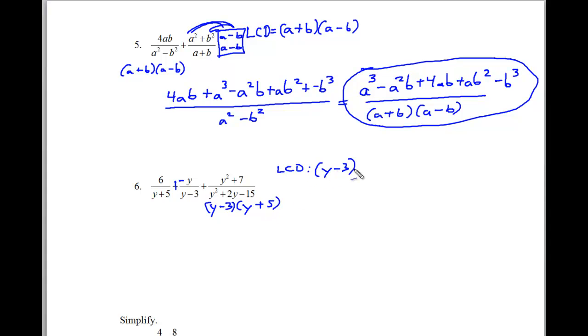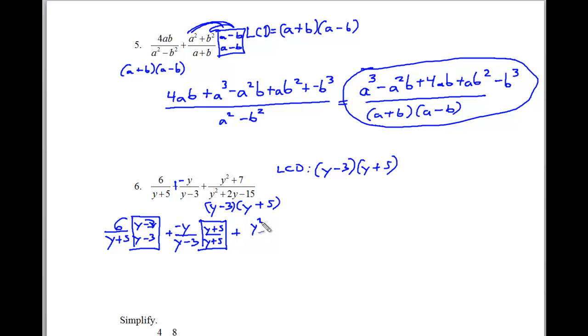So each of these two fractions are going to have to be multiplied by whatever they don't have. My 6 over y plus 5 is going to get multiplied by y minus 3 over y minus 3, which is multiplying by a very fancy 1. The negative y over y minus 3 is going to get multiplied by y plus 5 over y plus 5.